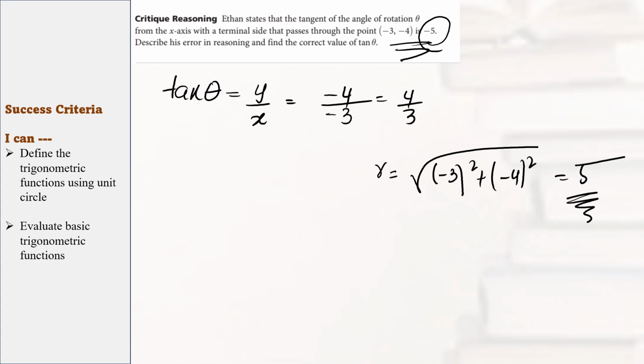I don't know why he wrote -5 or where he got it from. Maybe he found the r value and then thought that r should be a negative number. But in order to find the tangent, we have to use the formula and get our final answer.